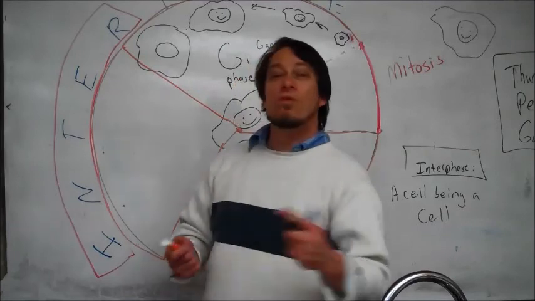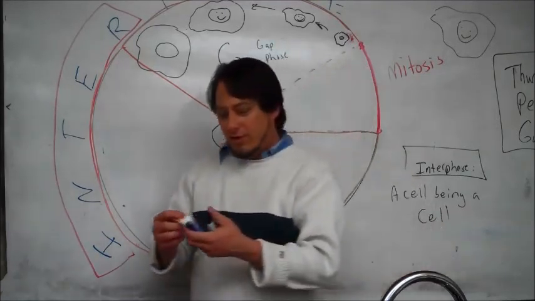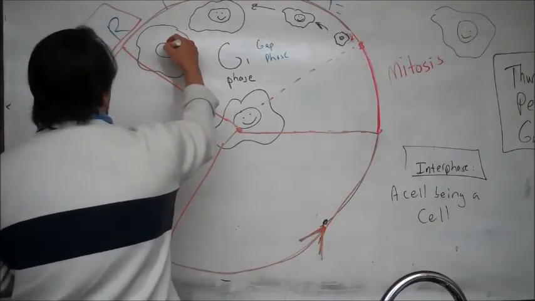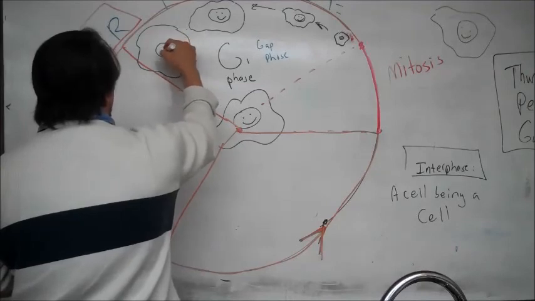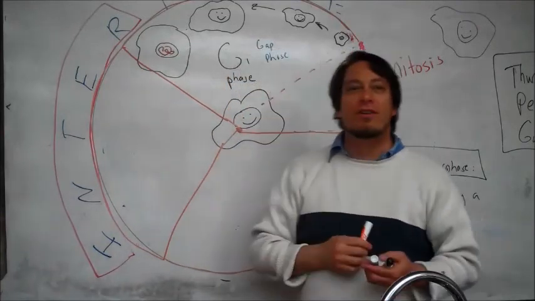And so Jimmy has what's called chromosomes inside of him, which is what his DNA is held in. And our DNA is actually kind of spread out inside of our nucleus.